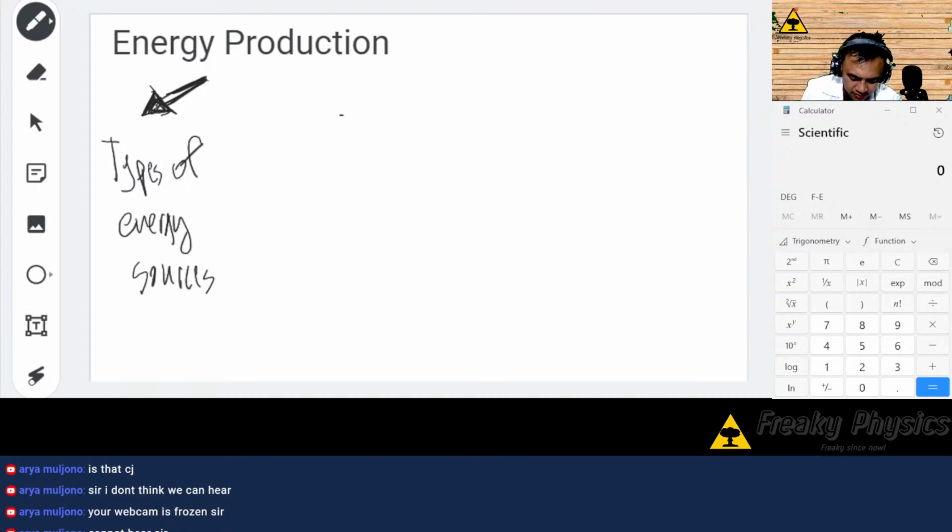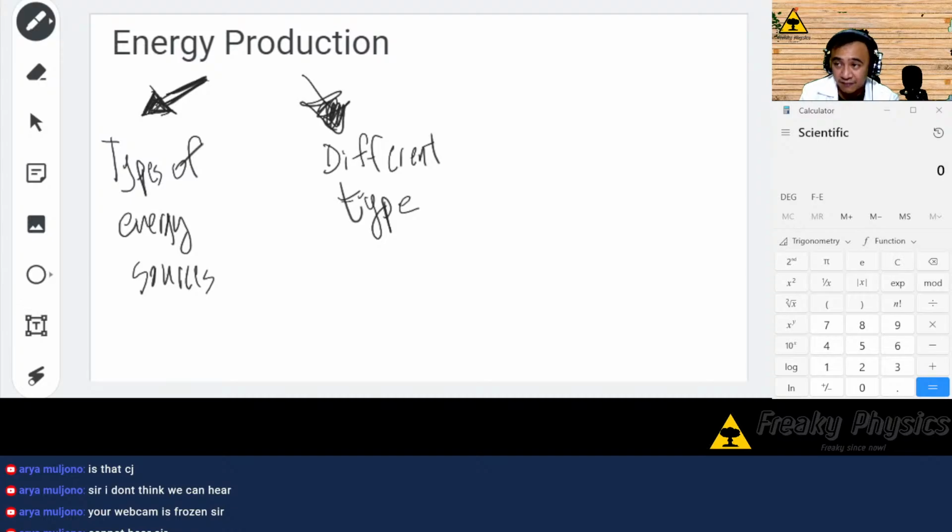The second one that we're gonna go through is the different types of energy production. You should be familiar with the basics of this now. This would include fossil fuels, geothermal, hydroelectric, those things.